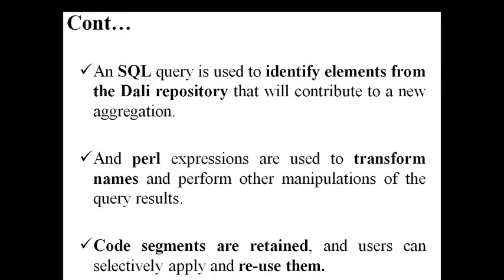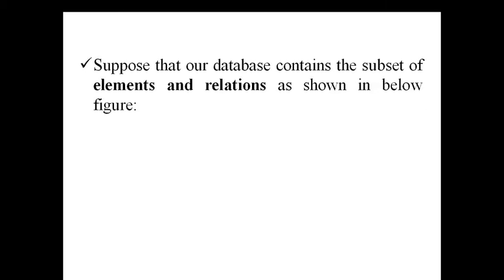Code segments are retained and users can selectively apply and reuse them. Now after executing this, we may get the output. Suppose our database contains a subset of elements and relations as shown below. At the time of execution, whenever there is interdependency, and obviously there is interdependency in any code, there is no doubt at all, because we can't write an application with a single function.